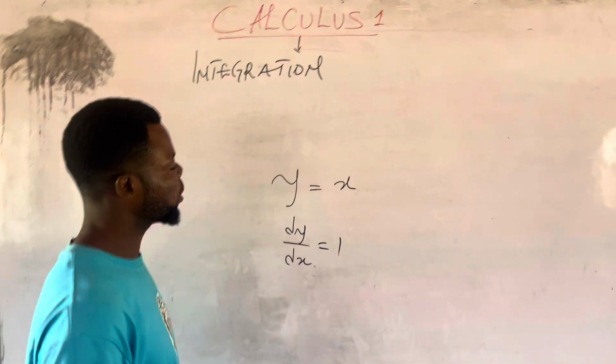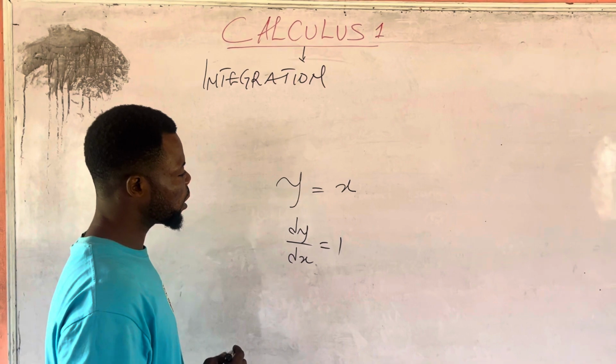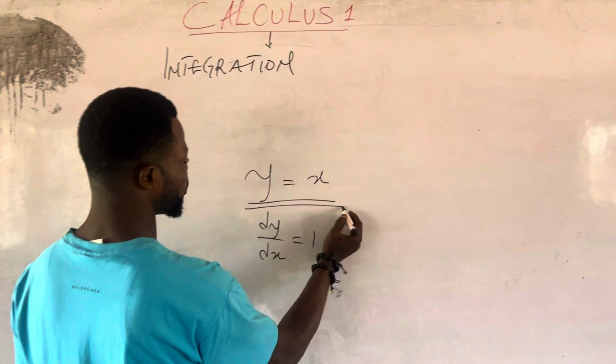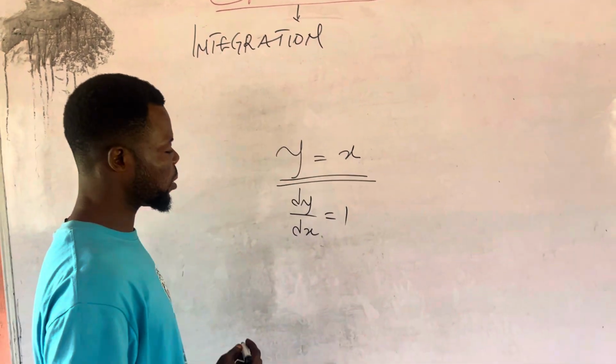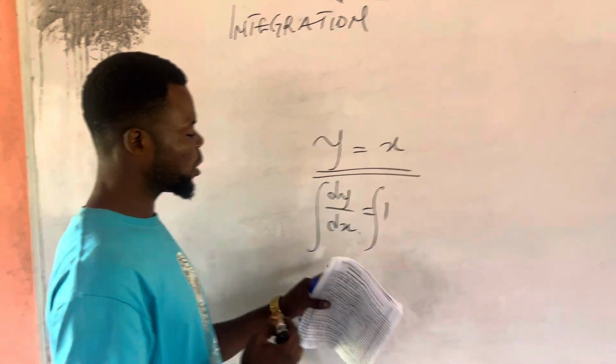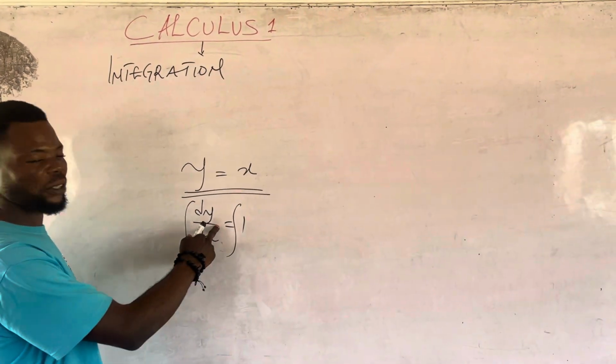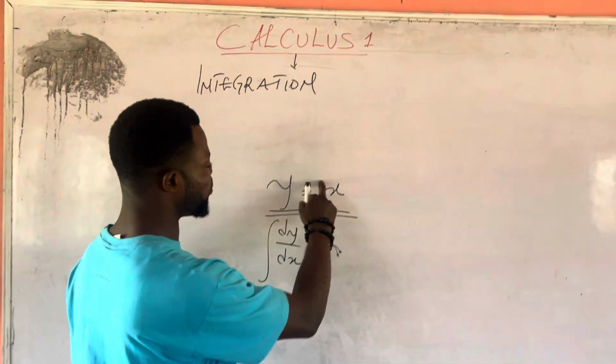As we studied in our differentiation. Therefore, to get this equation back again, we have to integrate this differentiation. Because if we don't integrate this, there's no way we can get back this function.